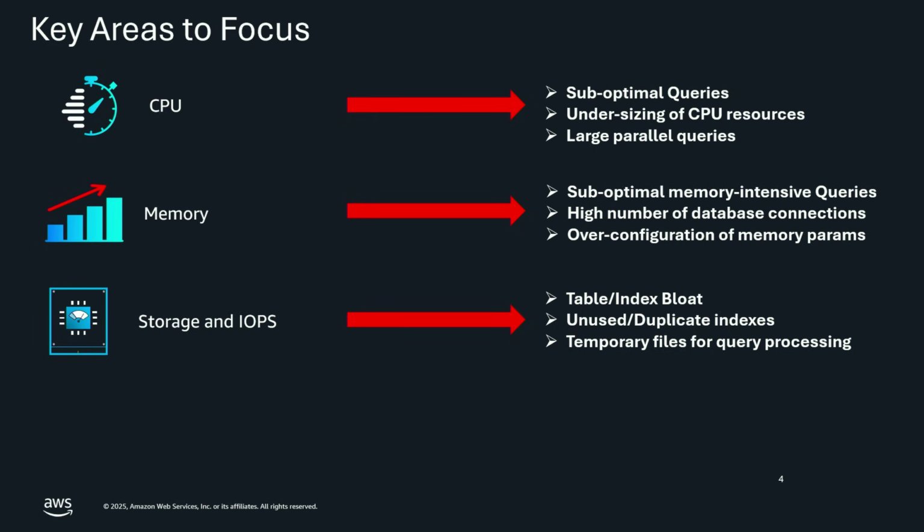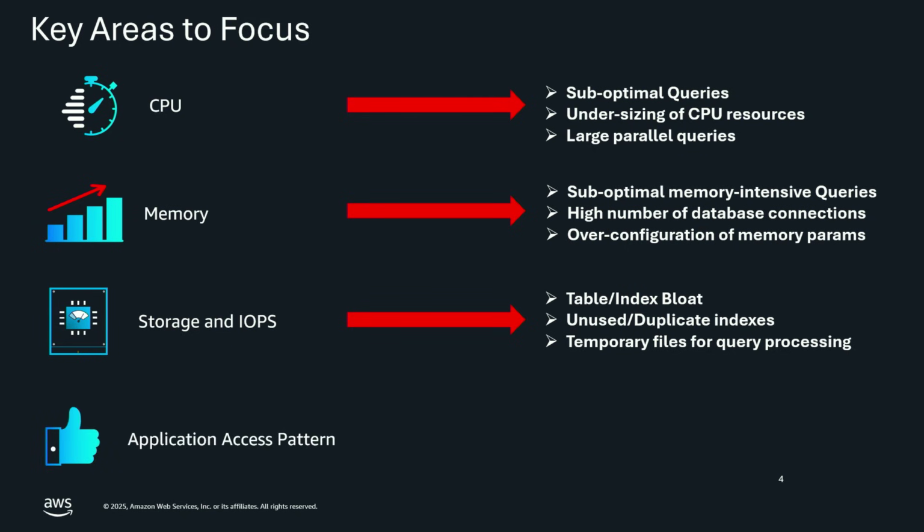And if you have more indexes which are unused or duplicate, every modification to the database will need to update those indexes unnecessarily, which is where you see storage and IOPS utilization. And PostgreSQL uses work memory to control the query operations such as sorting. But if that memory is insufficient, that's where it creates temporary files on disk, which is high IOPS activity.